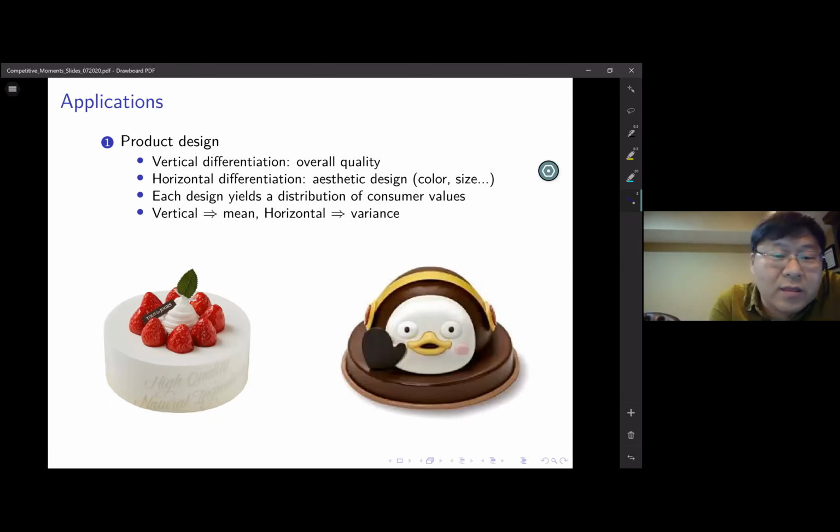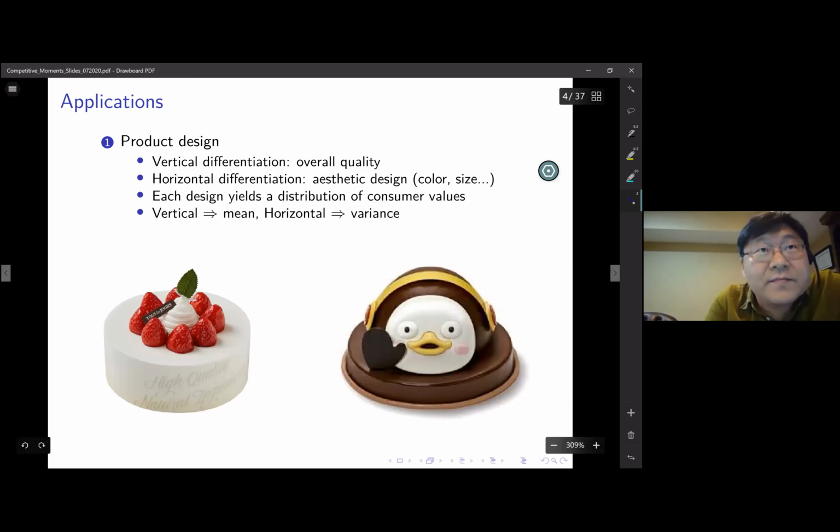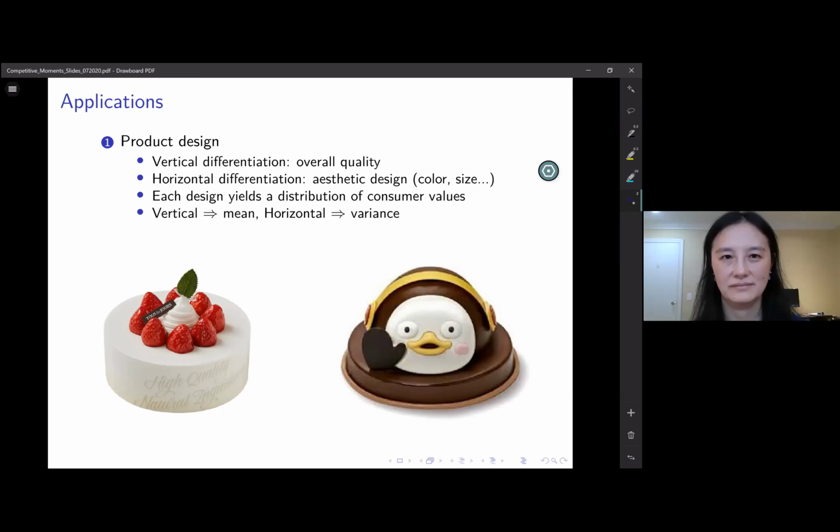The one on the left is a classic cake. I believe that most people like this, but it's unlikely that you get excited about this. But the one on the right, some people are going to really love it. My sons really like this sort of cake. But if you are a very serious person, you think that you just don't like this.